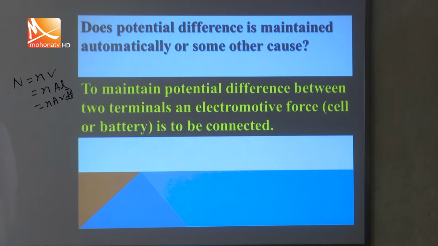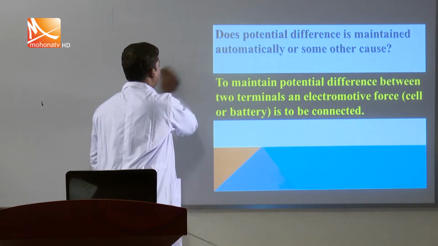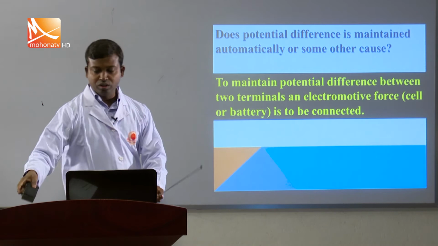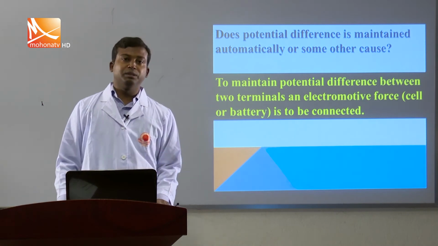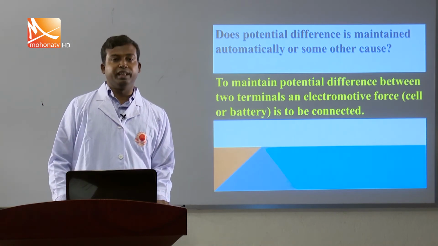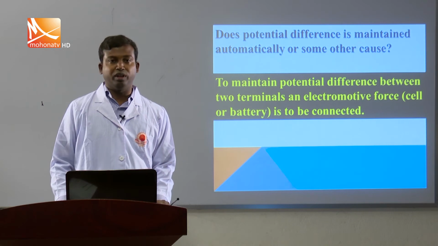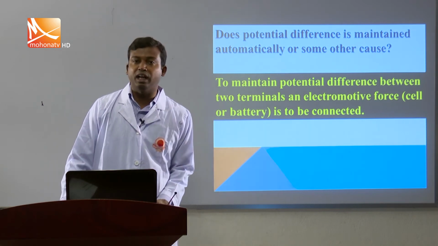As long as the battery can maintain the potential difference, you will get current. So, we have learned if there is a potential difference, then the electrons will flow from lower potential to higher potential, and that will create current.